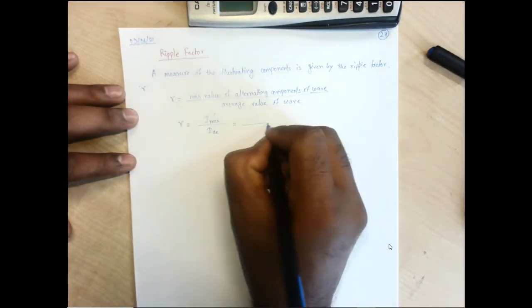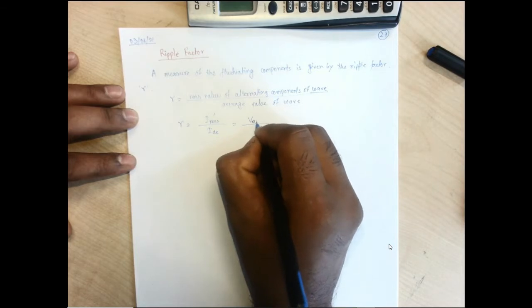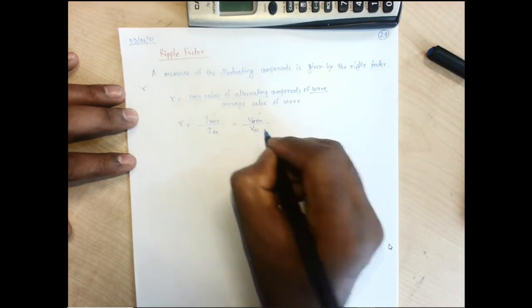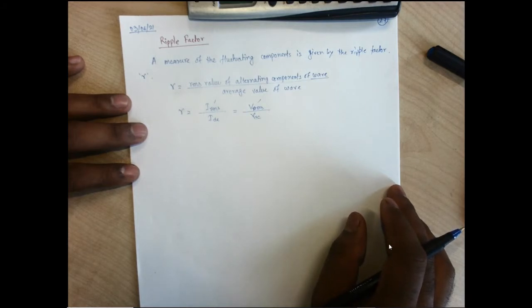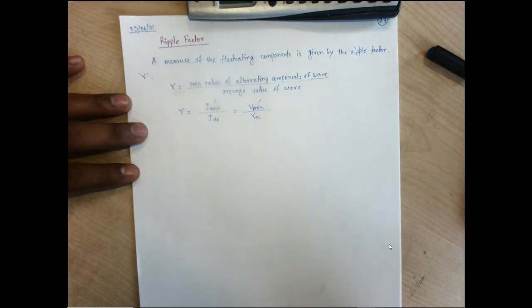Or we can also write it with respect to voltage, by VDC. So let us consider the instantaneous AC component of the current which has been left out, compared with the input and the converted DC output.